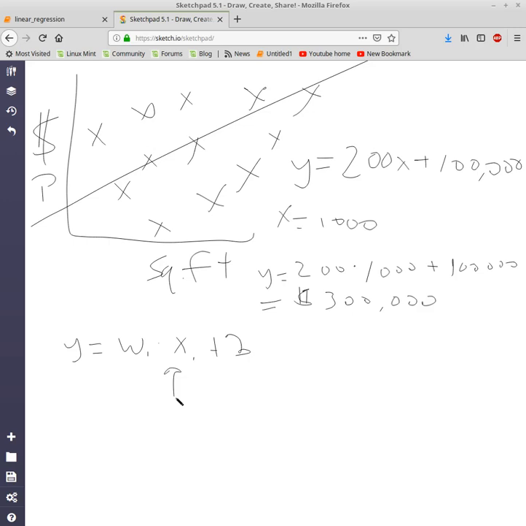But if b is equal to 0, then no matter what w1 is, when x1 is equal to 0, whatever number times 0 plus 0 is going to be 0 for y. So when b is 0 and x1 is 0, y will be equal to 0. So this graph has to go through the origin like we see here.